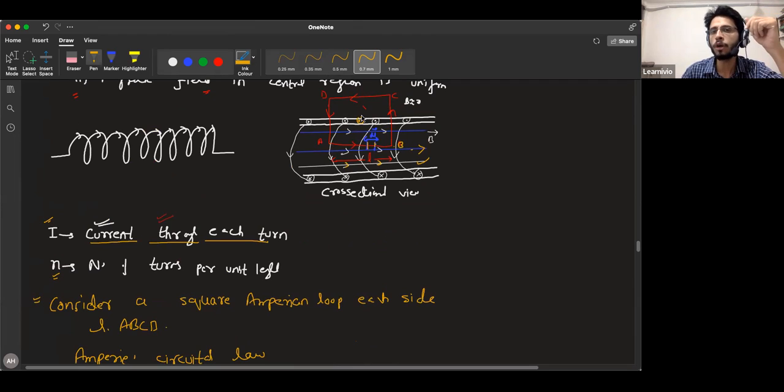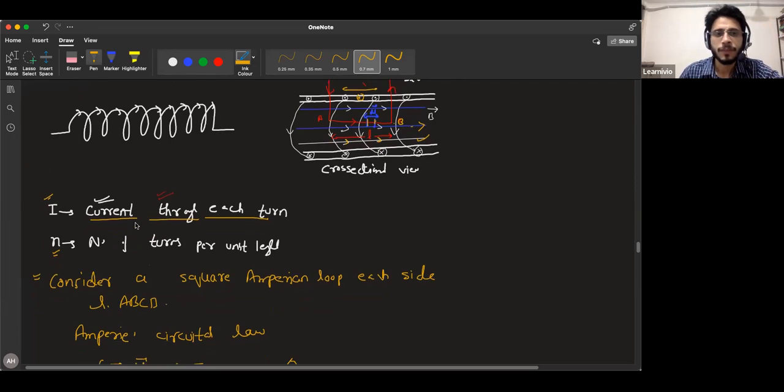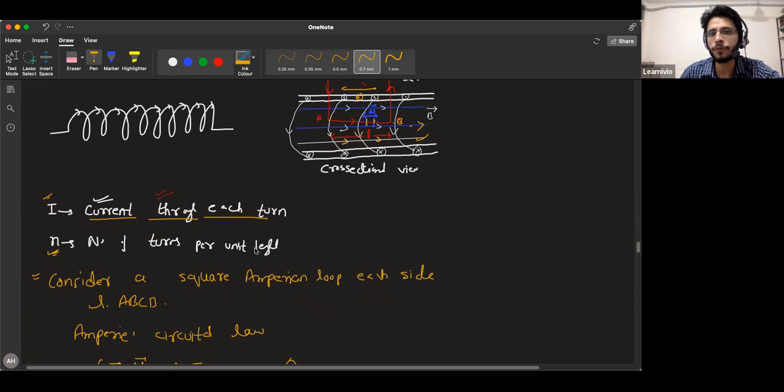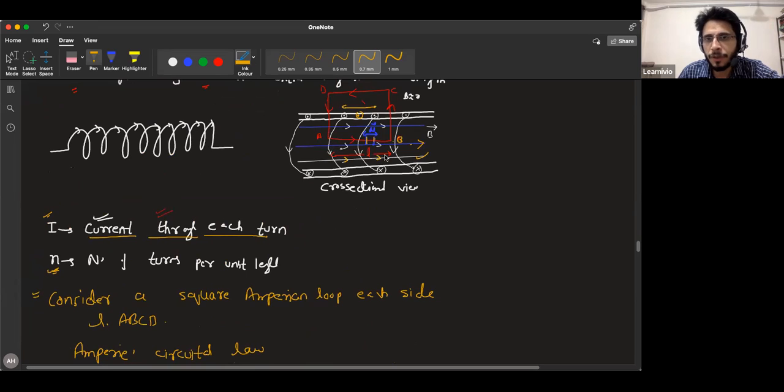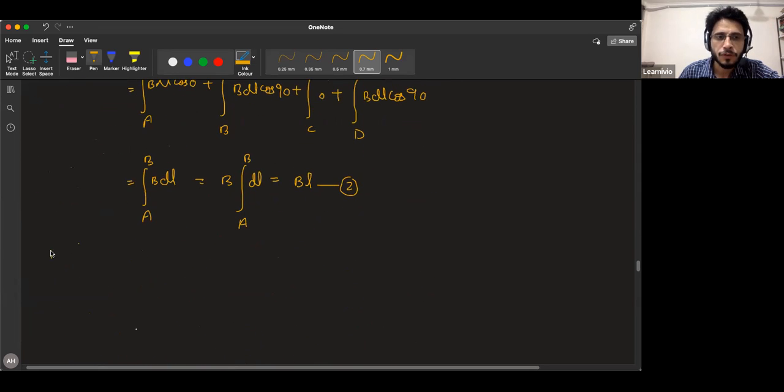So mathematically, we can represent the number of turns in this length L. The small n is the number of turns per unit length. In unit length, the number of turns is small n. So what about the number of turns in length L? The length of the Amperian loop is L, and in unit length you have n turns, so the number of turns in length L is nL.